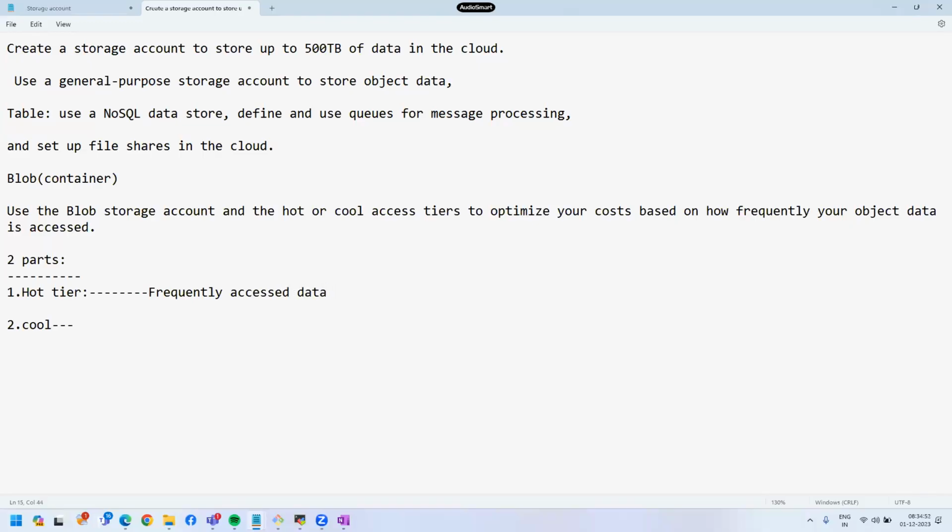The data which is available in the cloud, which is accessible frequently, that we will call as hot tier. Cool tier in the sense infrequently accessed data. Clear? I am repeating. Frequently accessed data. The other one is infrequently accessed data.